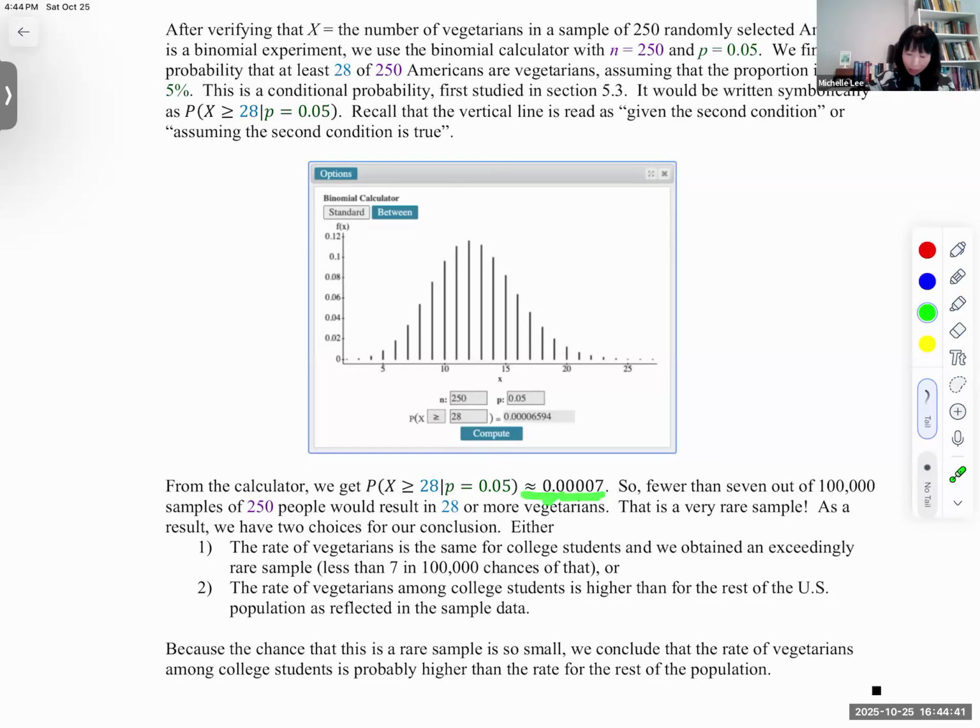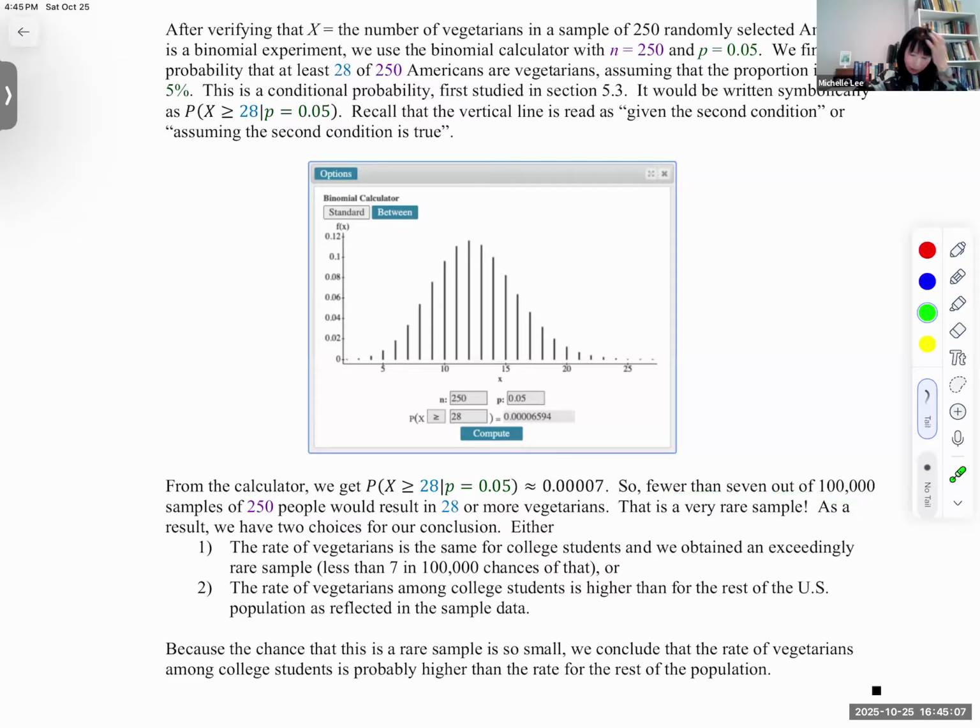So 0.00007. This means we get 7 out of 100,000 people, right? We can interpret it this way: fewer than 7 out of 100,000 people.